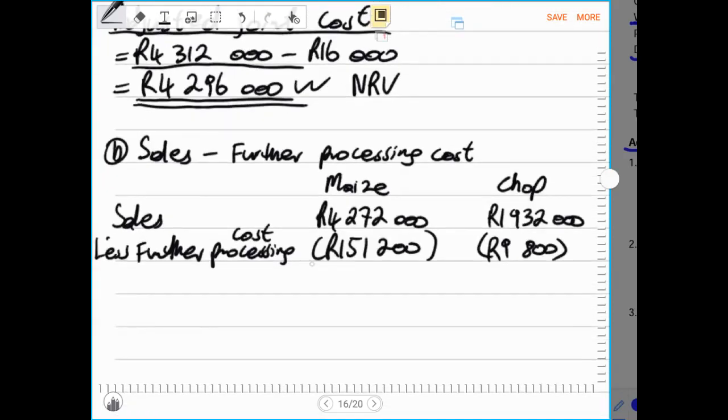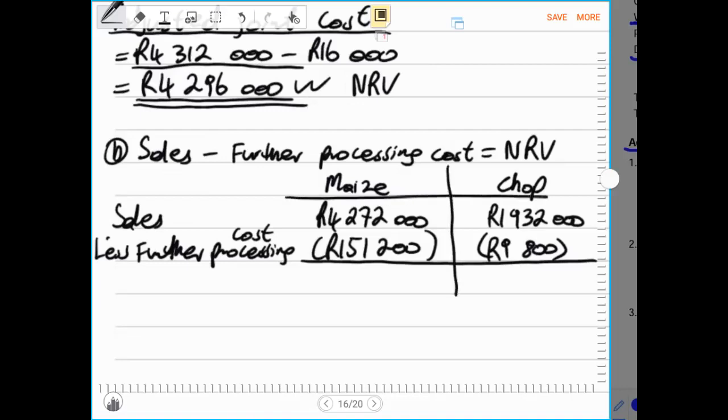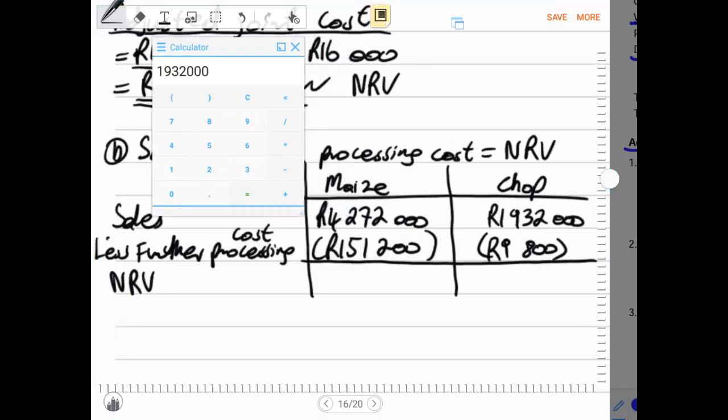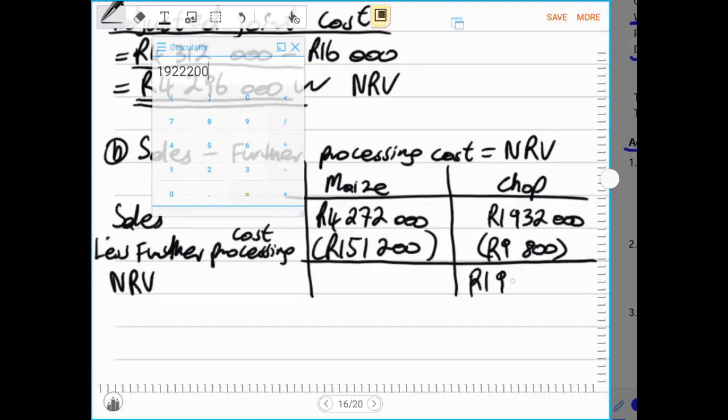So by deducting these two, this will give us what we call net realizable value. Net realizable value is sales minus further processing cost. Just draw a line to clarify the workings. So this is our net realizable value. Let us do the calculation. 1,932,000 minus 9,800 gives us 1,922,200 rands.